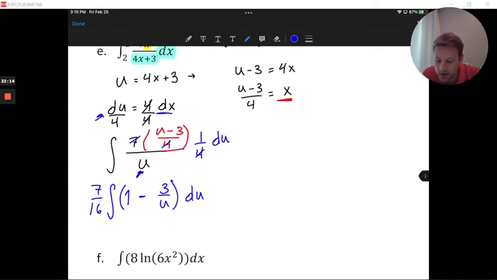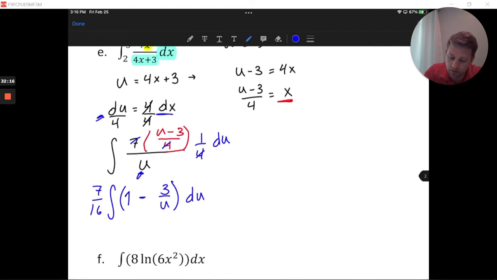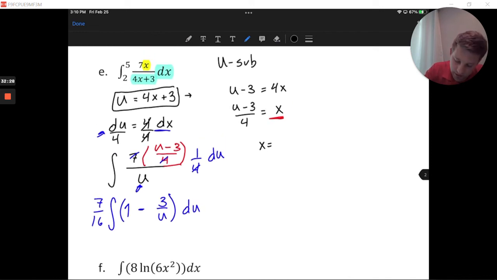Now I can go ahead and consider these bounds. When we consider the bounds, I'm again going to take a look at this original relationship with u and x. I want to know where the bounds are at x equals 2 and x equals 5. So let's start with that 2. When x is equal to 2, my u is going to be 4 times 2 plus 3, or 11.